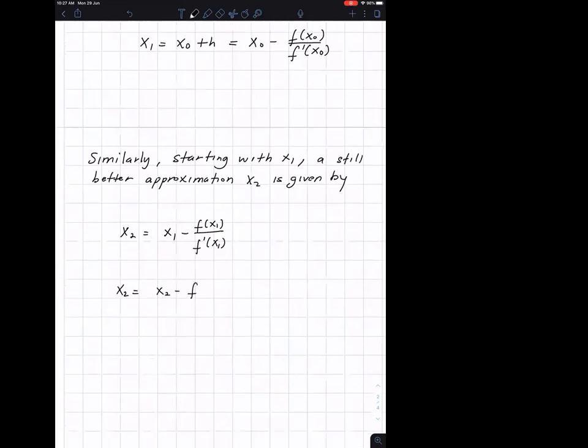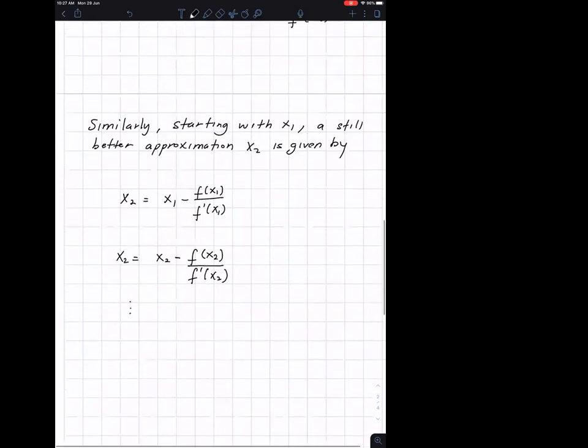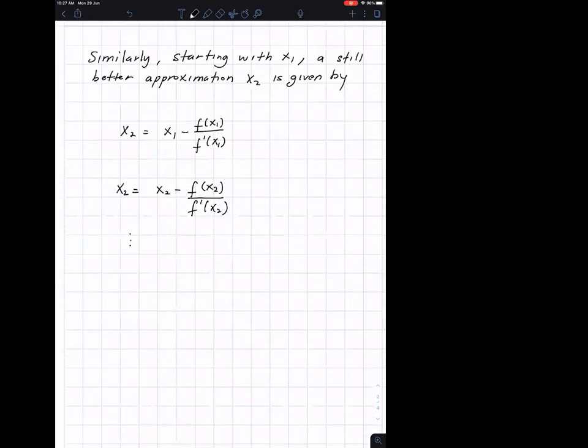So each iteration will improve the accuracy of the root. And so on. You can keep on going for as many iterations as you want.